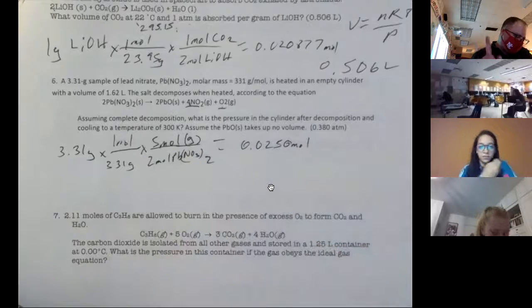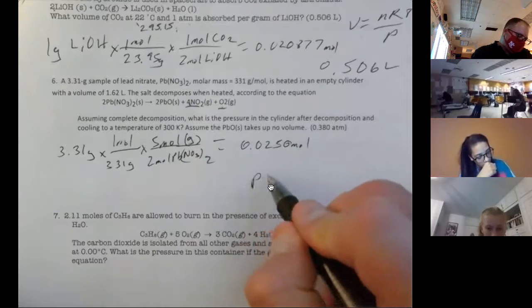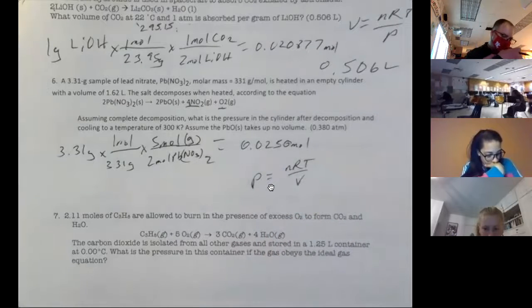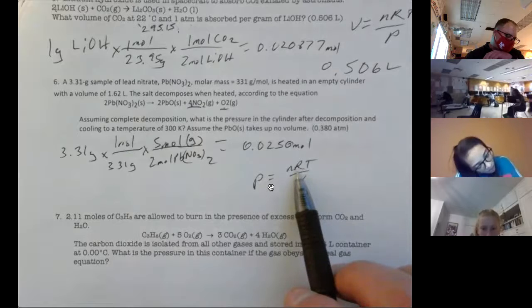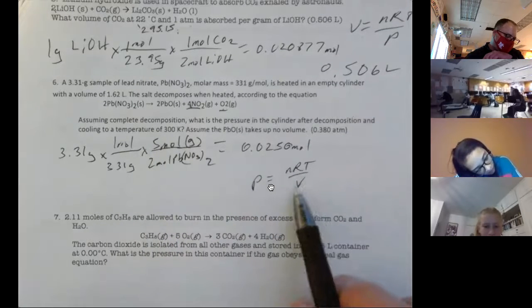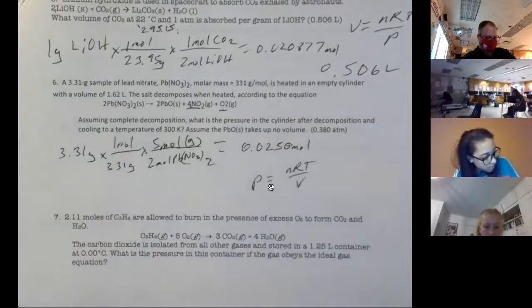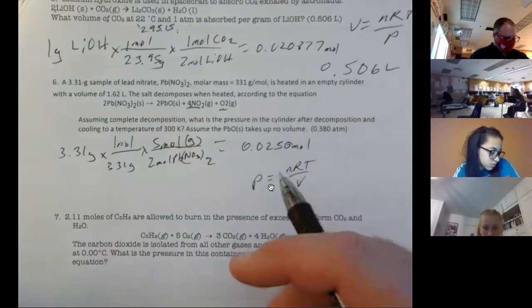Again, we are looking for pressure this time. So P equals nRT over V. 0.250 times 0.0821 times 300 K divided by 1.62. I can't get the answer to that on my Apple Watch.